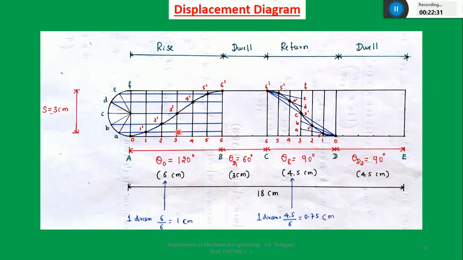It is not mentioned in the problem, but to draw the cam profile, you need all these values, 1 to 1 dash, 2 to 2 dash. For that, you need to draw the displacement diagram. So this carries 10 marks. If the problem total is 20 marks, the previous slides and this slide carry 10 marks.